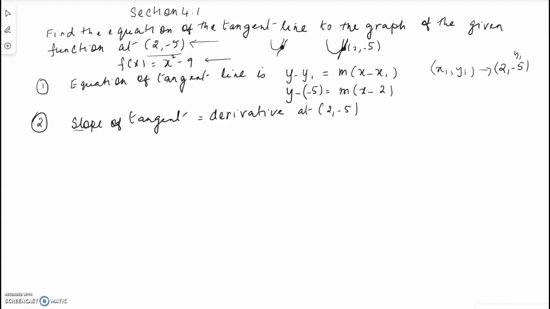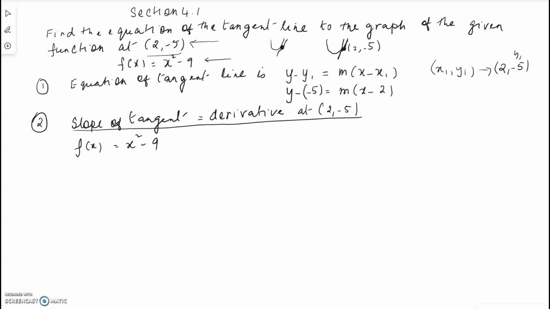Remember, this is the definition of the derivative. The derivative is the same as the slope of the tangent line. So now we need to find the derivative of the function f of x equals x squared minus 9.